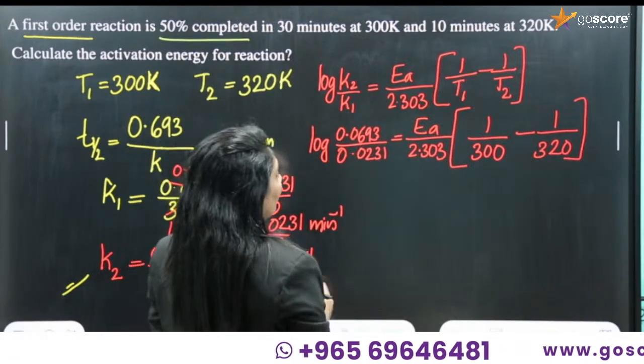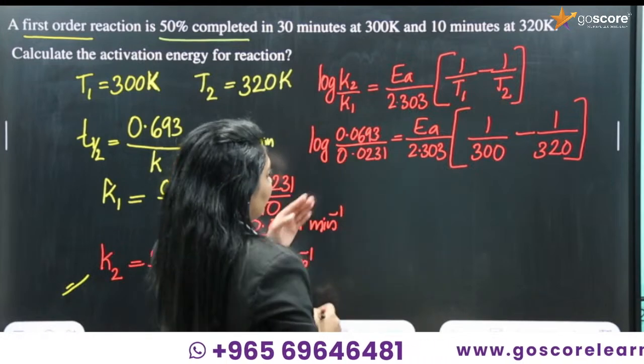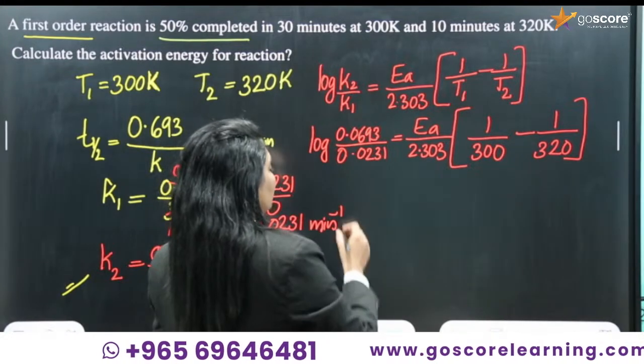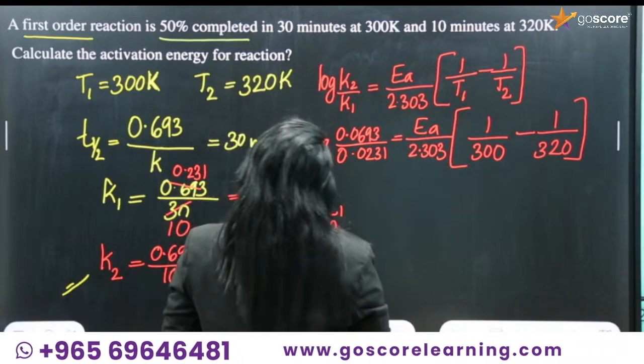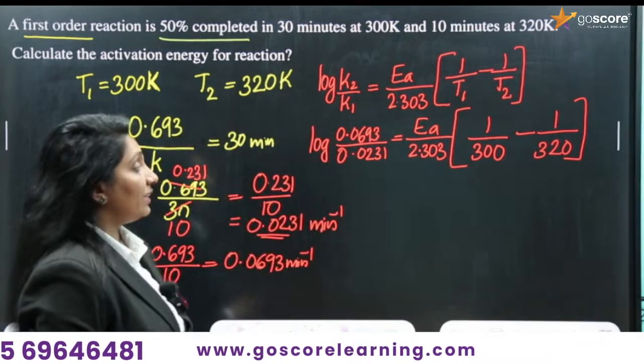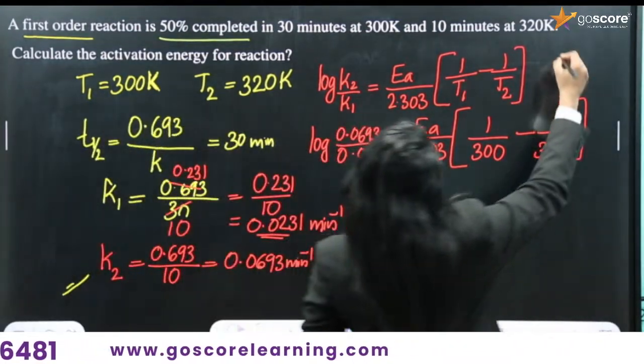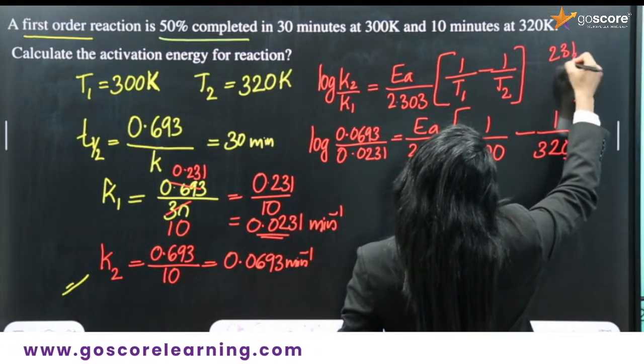So 0.0693 divided by 0.0231 is 693 divided by 231, that is 3, right? 231 into 3.